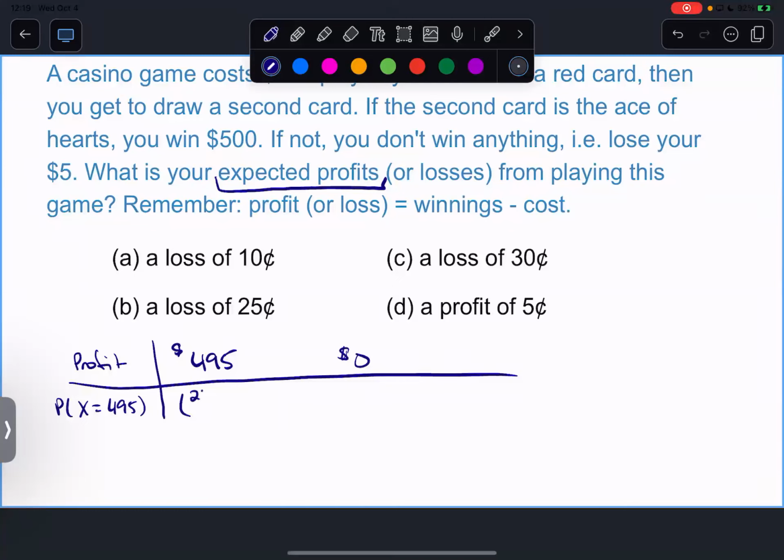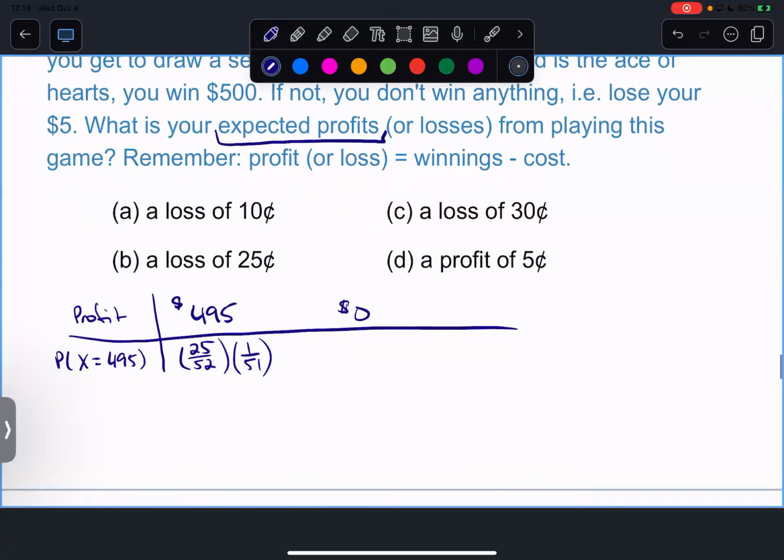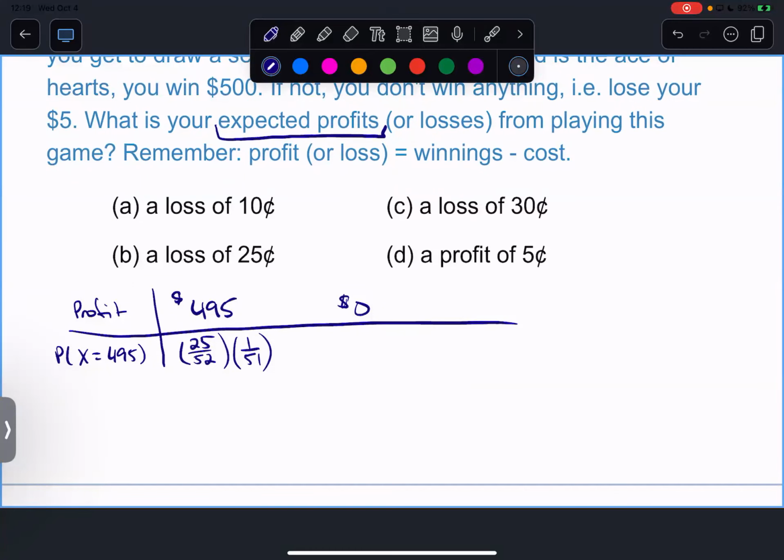So we really only have 25 out of 52 cards that are going to yield a profit of 495. But then I need my last card. There's only one choice for my second card, but now I only have 51 cards to draw from. And then all the others, so this puts me at a probability of 0.0094.